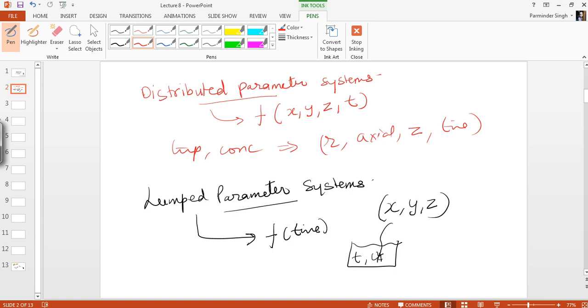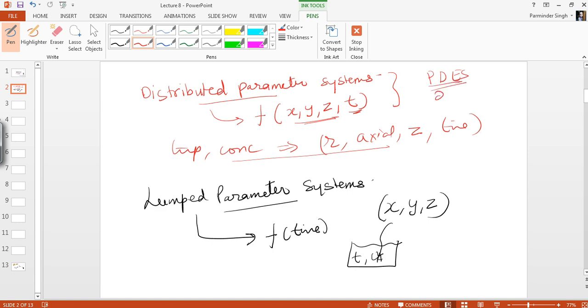Clear? Such models are called distributed parameter models, where the function is dependent upon time as well as position. Such models normally give rise to partial differential equations.